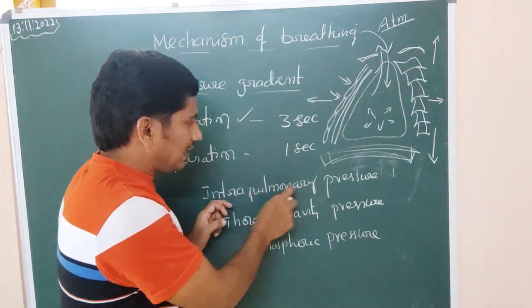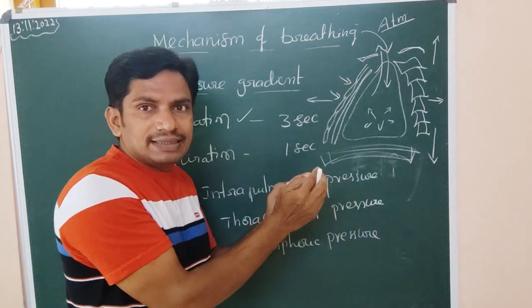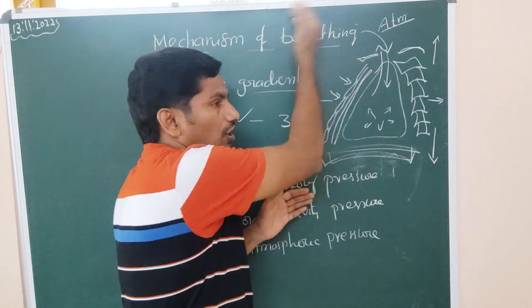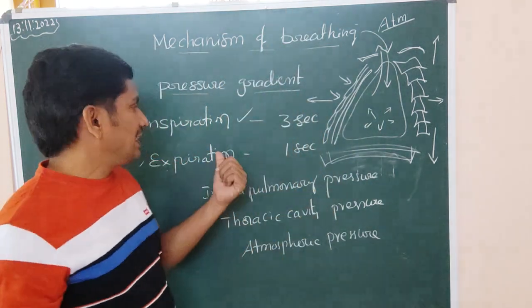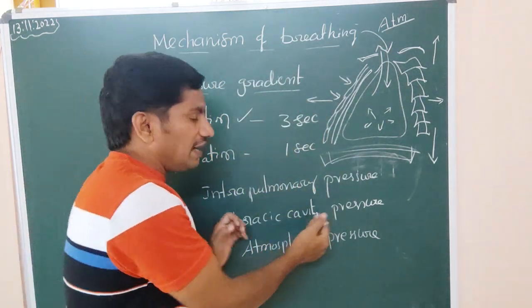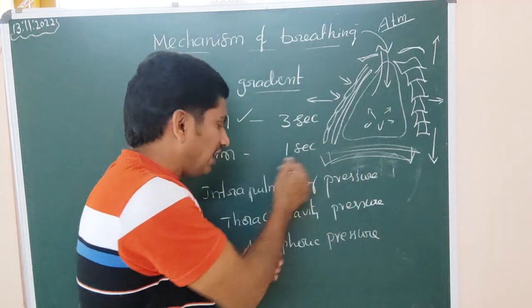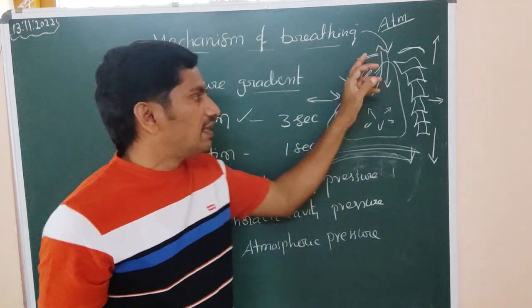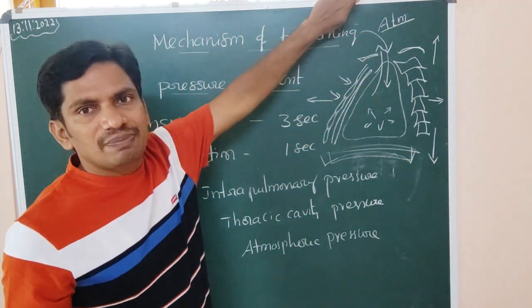When the intrapulmonary pressure increases due to the reduced volume, the air moves out. That is the expiration. When the thoracic cavity pressure increases and is greater than the atmospheric pressure, expiration takes place.